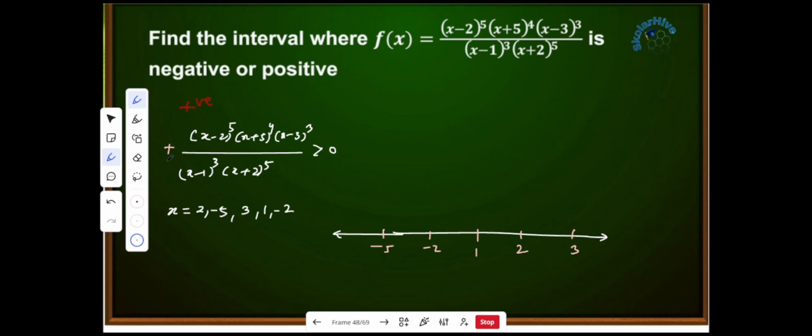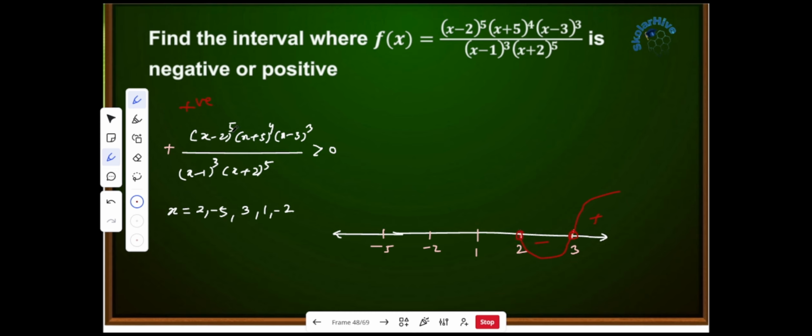Now as this is positive, we'll start the curve from above the line, and as this is only of the greater than type, none of these critical points will be included in the solution, so we mark them as hollow circles. Now look at the factor for which 3 is the critical point. So it is x minus 3. Its power is odd, so it will change the sign from positive to negative.